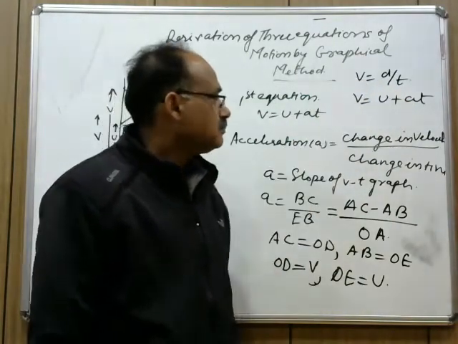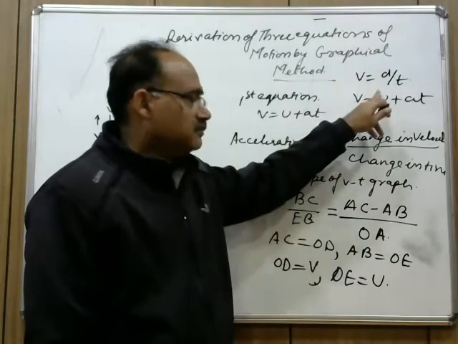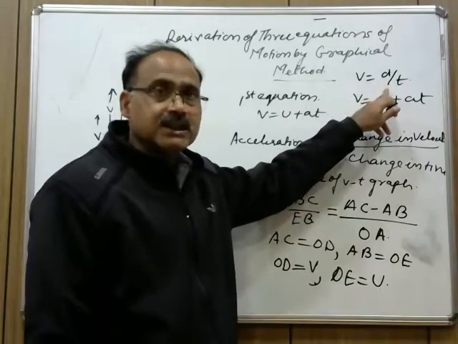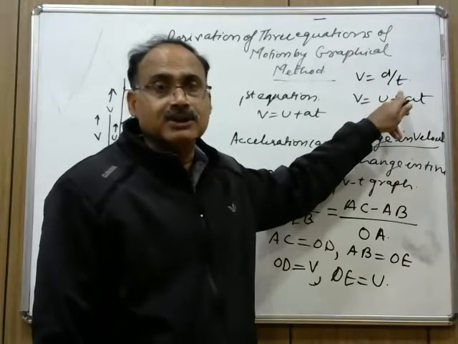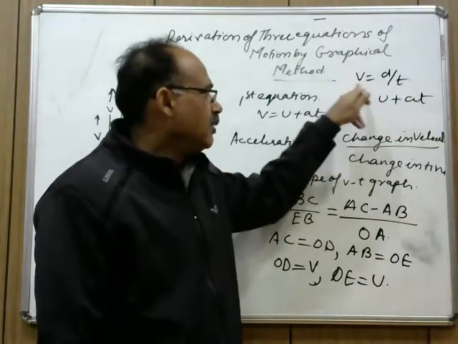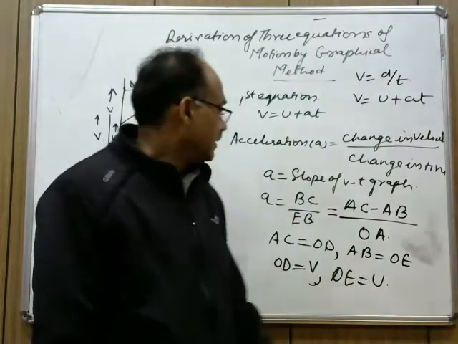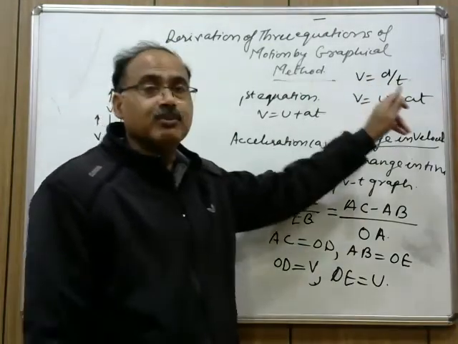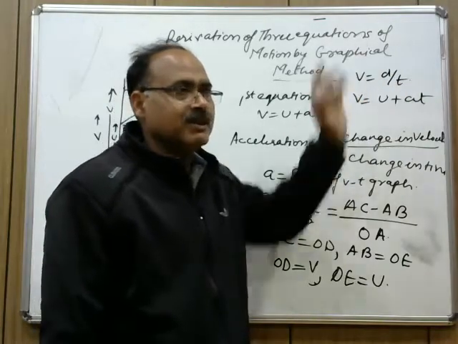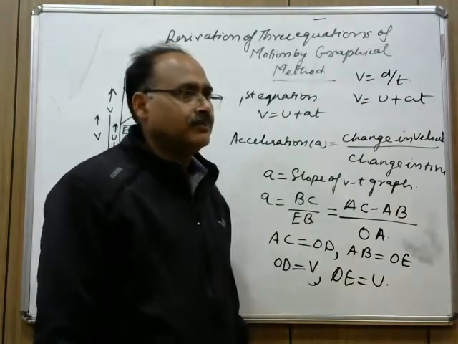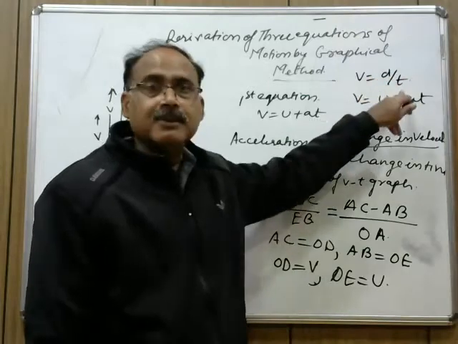This equation is for the condition when the body is moving with constant velocity. If the body is moving with constant velocity or constant speed, then we can say that velocity is equal to displacement upon time, or speed is equal to distance upon time.